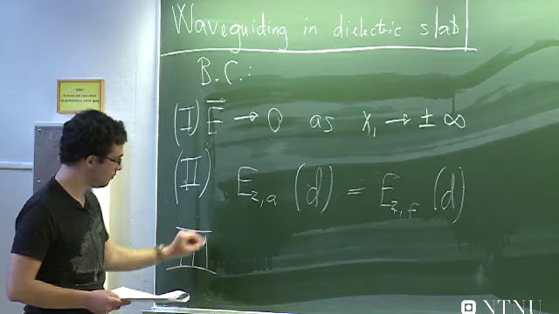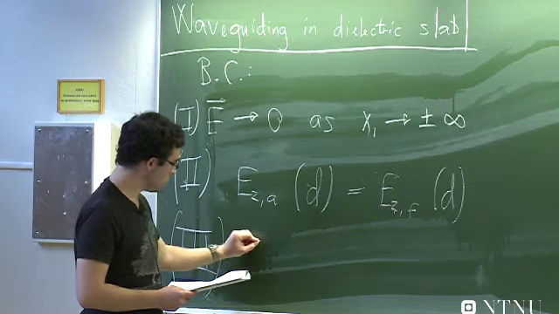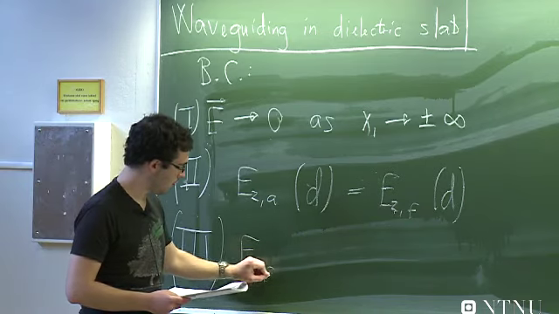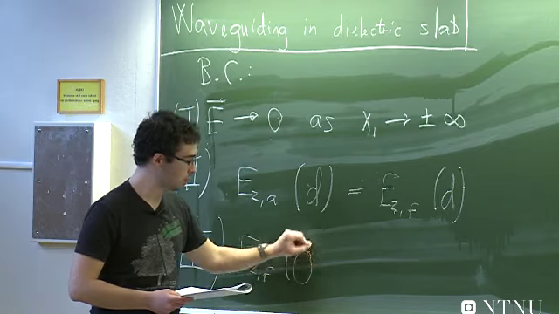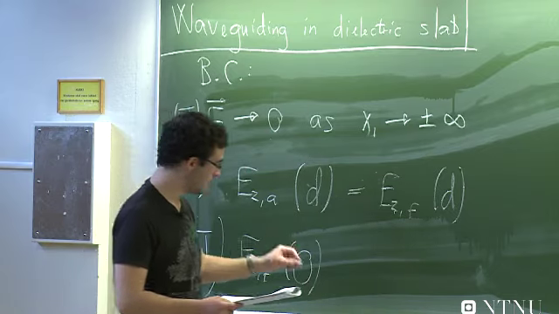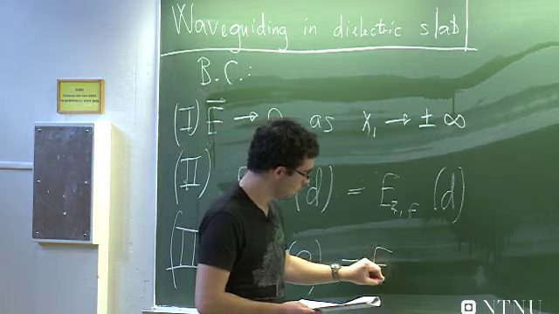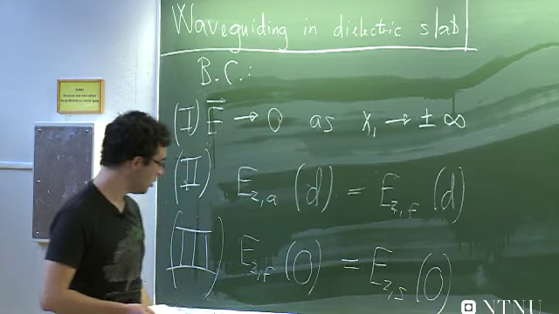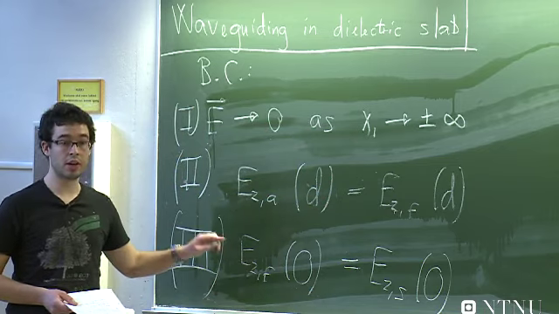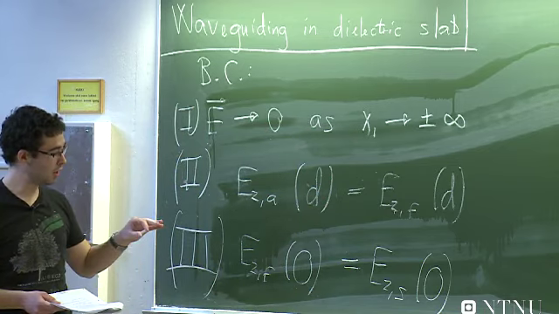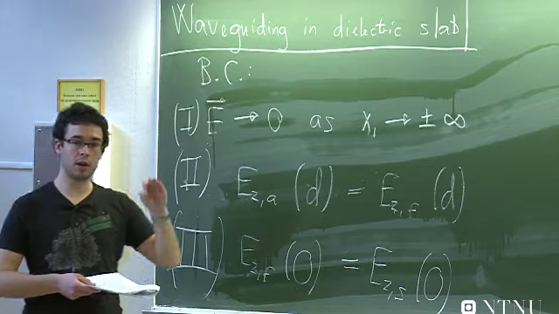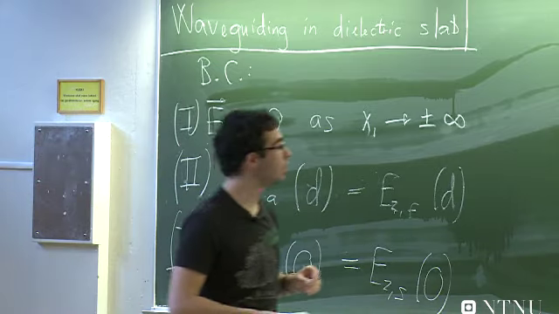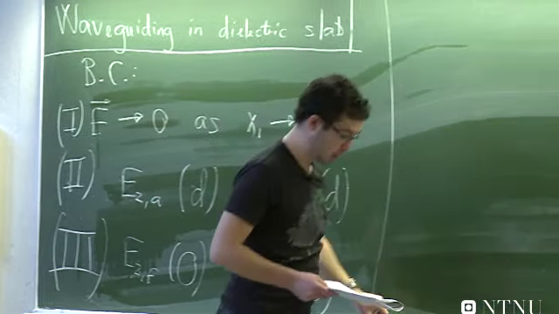Third boundary condition, E2 in the film at x1 equal to 0 has to be equal to the field from the substrate. So E2 in the substrate at 0 will have to be equal to that. Recall that E2 is purely tangential to the surface, and the parallel electric field is continuous across any interface.